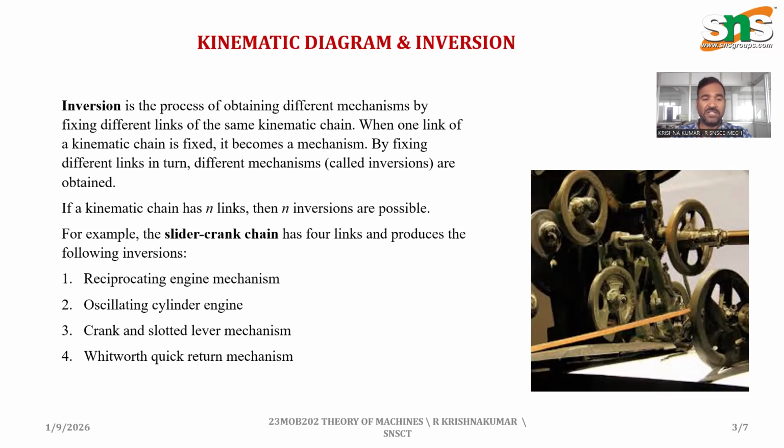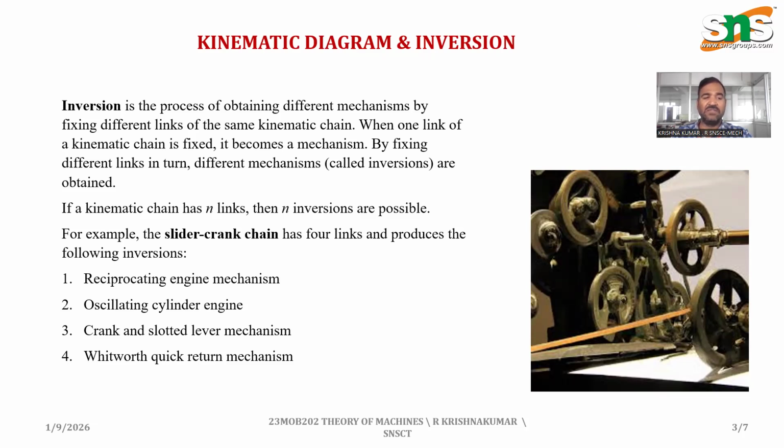If a kinematic chain has n links, then n inversions are possible. For example, the slider crank chain has 4 links and produces the following inversions: reciprocating engine mechanism, oscillating cylinder engine, crank and slotted lever mechanism, and Whitworth quick return mechanism.